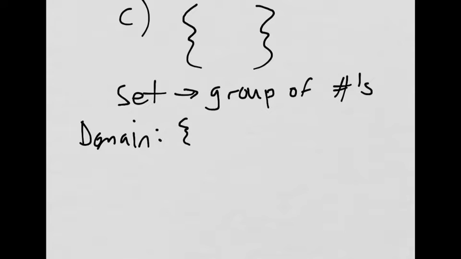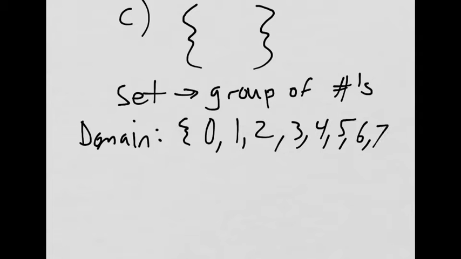What numbers could the domain be? Well, as we've identified before in the last two representations, it could be 0, 1, 2, 3, 4, 5, 6, 7, and with a set bracket. Okay? The way we say this in math is we say this is the set of values 0, 1, 2, 3, 4, 5, 6, 7.